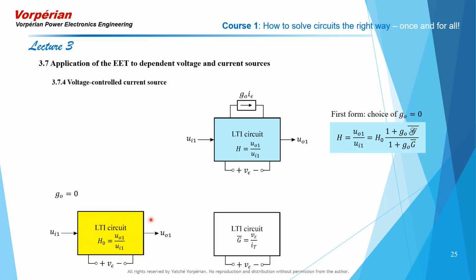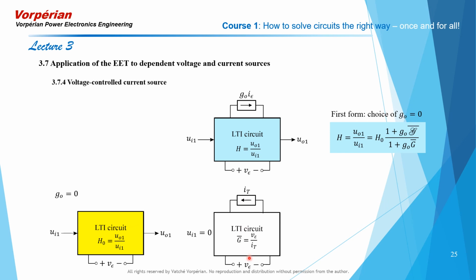Next, we compute the inverse gain with respect to G0 with the excitation set equal to 0. So we set whatever this excitation here is to 0. We replace the dependent source with an independent version of it pointing in the opposite direction. In this case, this is a dependent current source, so we replace it with an independent current source pointing in the opposite direction.